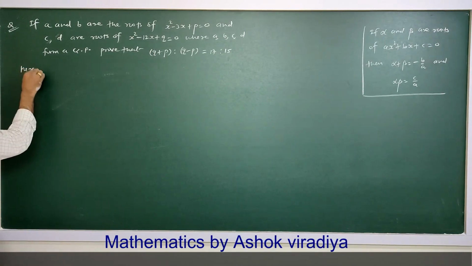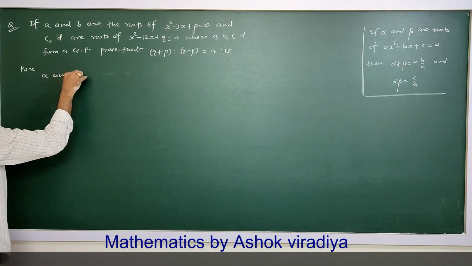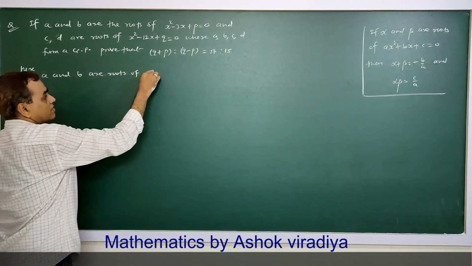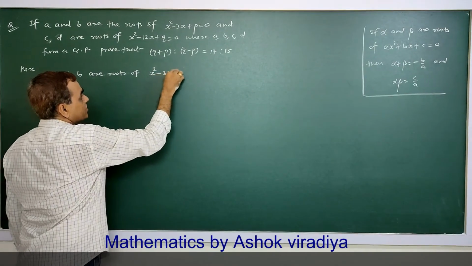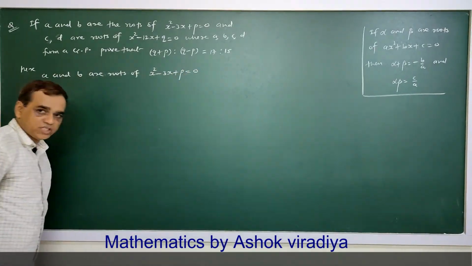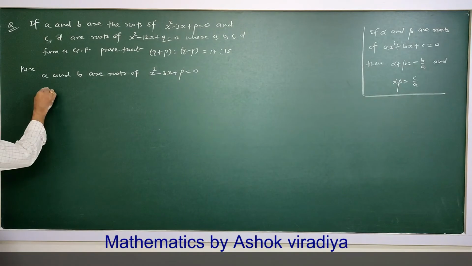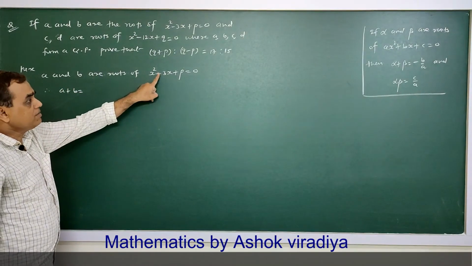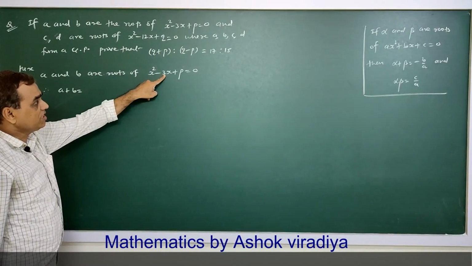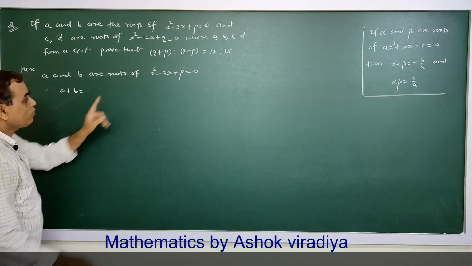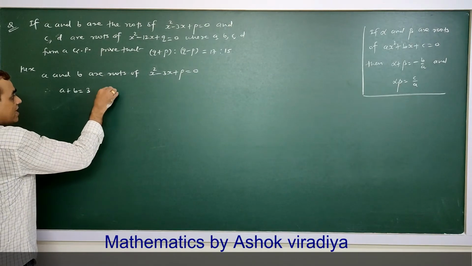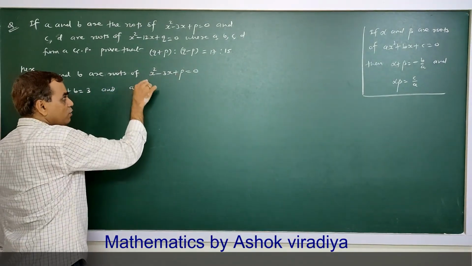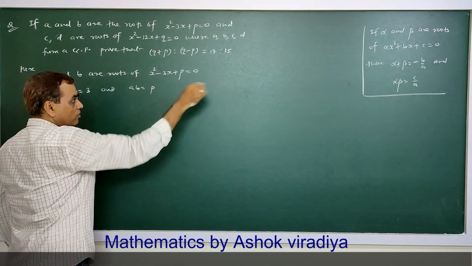Here A and B are roots of x square minus 3x plus p equal to 0. Therefore, sum of roots is minus b by a, so minus of minus 3 by 1, that is 3, and product of roots is p by 1, that is p.